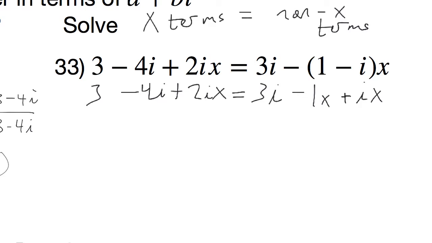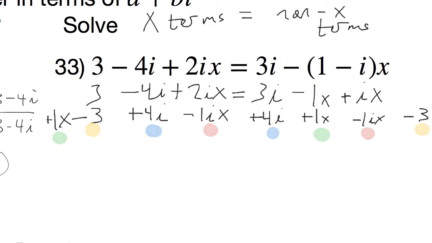Okay. Now remember that our strategy is to get the x terms on the left-hand side and the non-x terms on the right-hand side. So therefore, we should add 1x to both sides so that we move it to the left. We should subtract 3 from both sides to move it to the right. Add 4i to both sides to move it to the right.